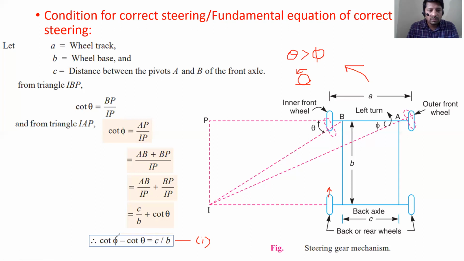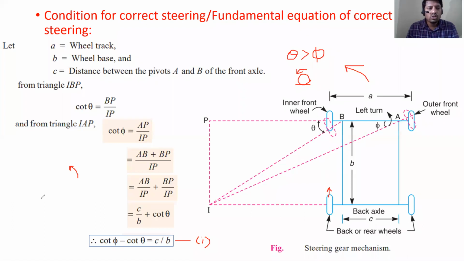What are angles phi and theta? Phi is the angle of turning of the outer front wheel, and theta is the angle of turning of the inner front wheel. Sometimes you have to take very sharp turns, right? And sometimes your turn is not that sharp. So depending on the sharpness of the turn, your turning angle will change.